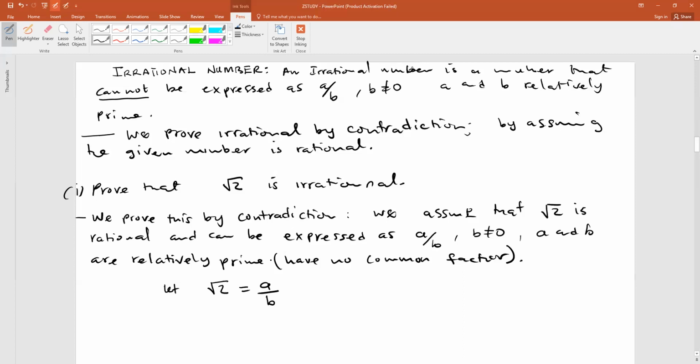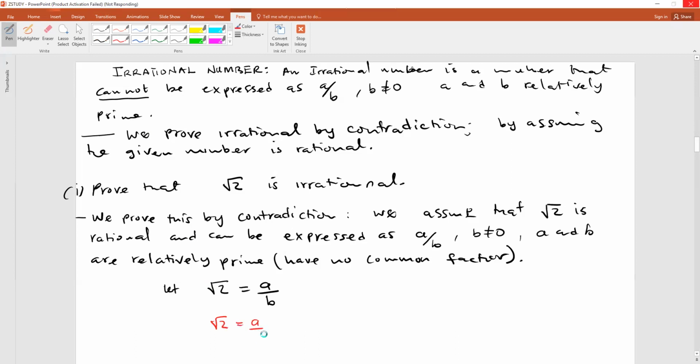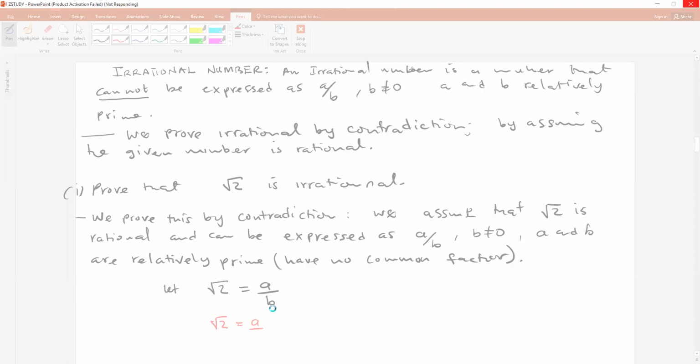Now, if we've done that, we need to remove the square root and make one of the two, of course, the subject. Let me just go downwards so that we are not losing track of one another. So we have square root of 2 equals a over b.